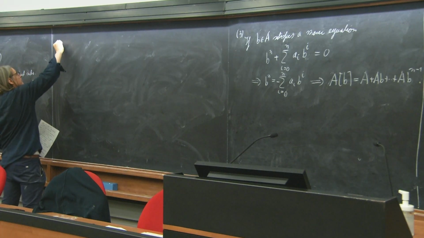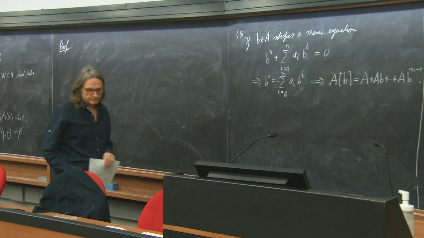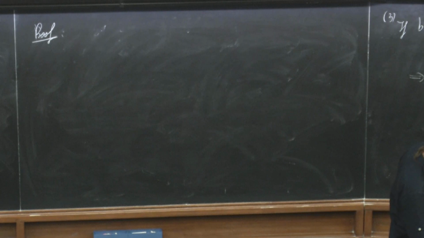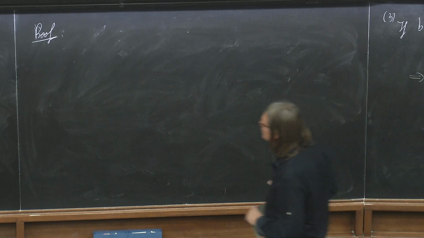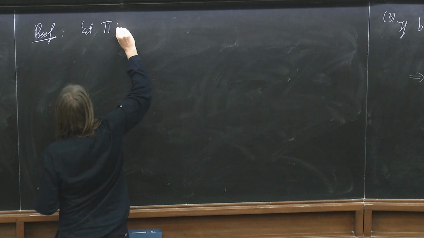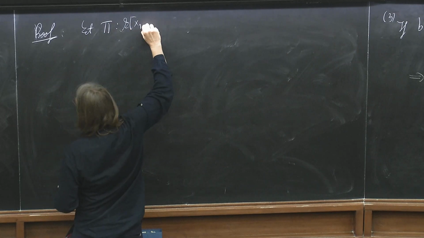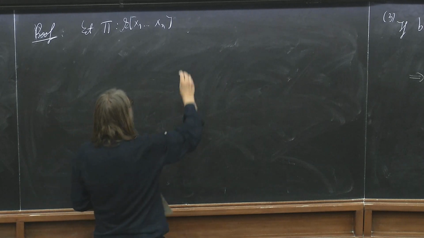So let me say this. Proof: take the canonical projection pi from k[x1 to xn] to AX.